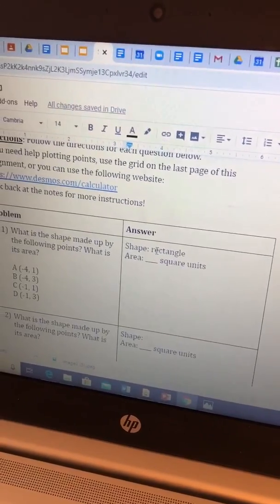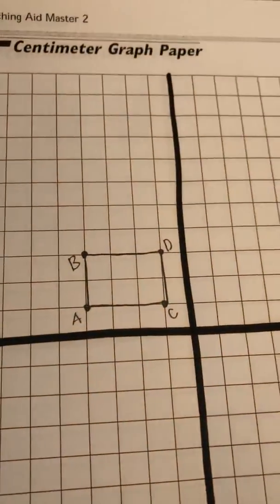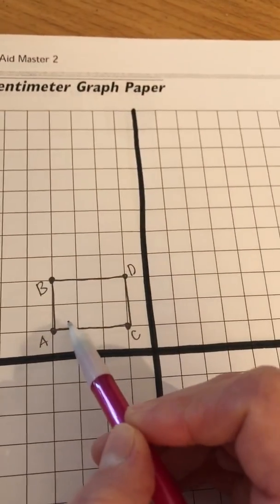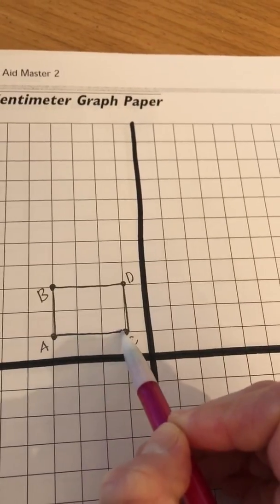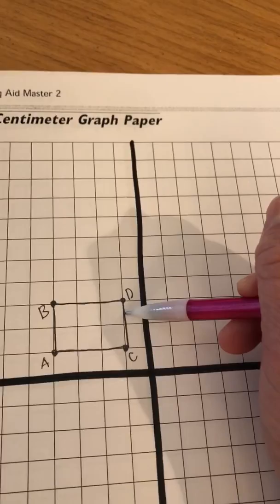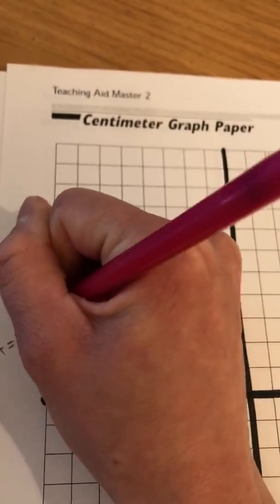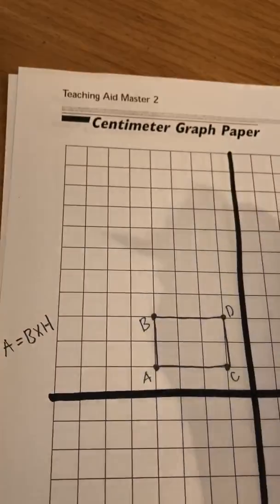The second part is that you're asked to figure out the area of this rectangle. So I'm going to go back to my shape, and the base of this is 1, 2, 3 units. The height is 1, 2 units. And we remember that to find the area of a rectangle, you multiply base times height.